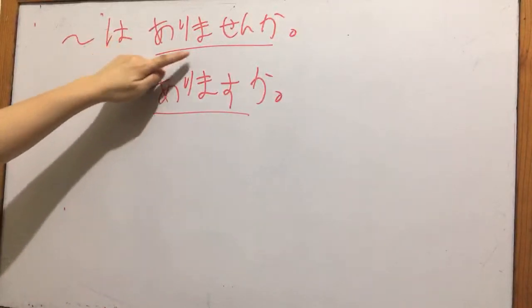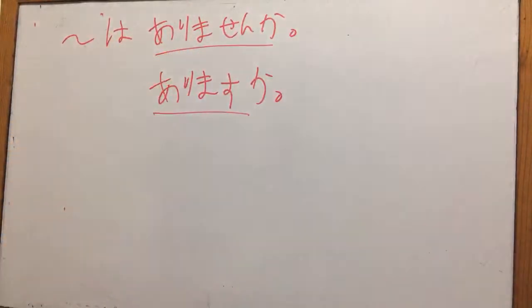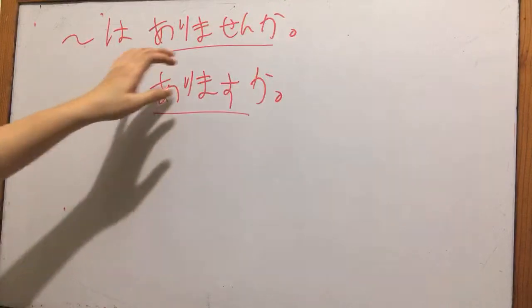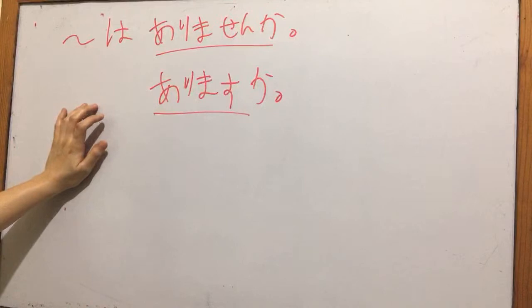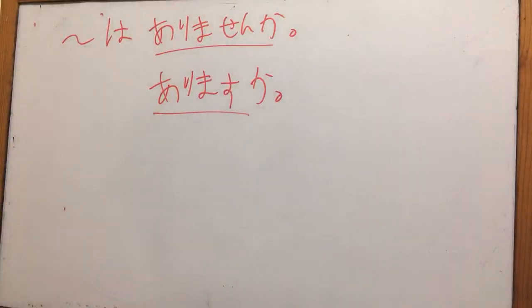So, in this case, if you use arimasen ka, it can be indirect and polite, showing that you are prepared for a negative answer. Okay, so what do we have in here? If you use arimasen ka, it shows an indirect and polite answer, and you are prepared for a negative answer.